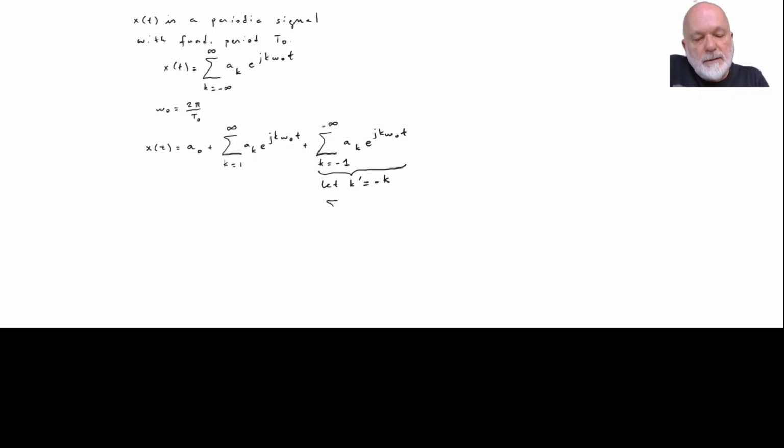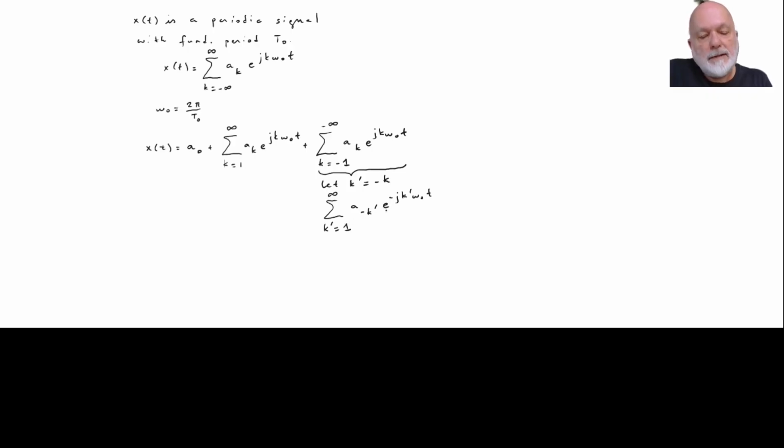So this becomes the sum over k prime from 1 to infinity of a minus k prime e to minus j k prime omega 0 t. But we can also see that here k prime is only a dummy index, so we can change it to any index we wish.